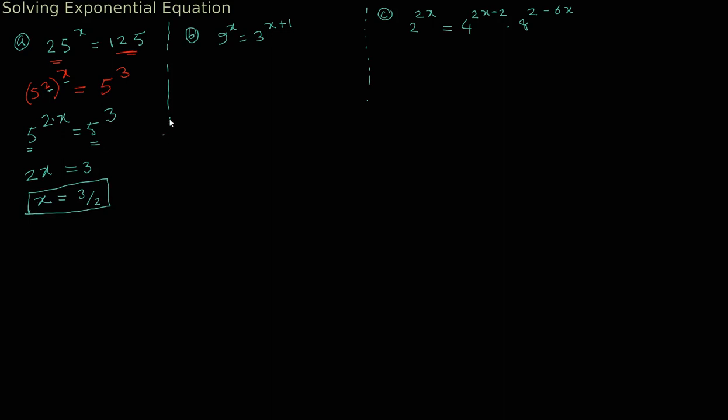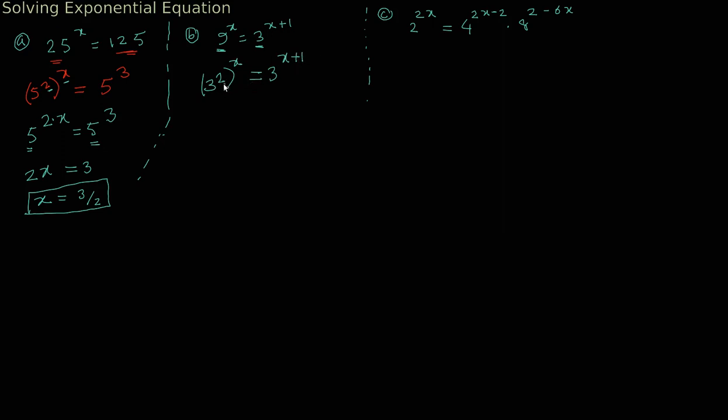Right, so let's now look at our second problem. Similarly, I'm going to try to see if I can express both sides using the same base. On the right hand side my base is 3, on the left hand side the base is 9. So how can I express 9? I can express 9 as 3 square, and then power x, equals 3 power x plus 1. I'm not changing anything on the right hand side.